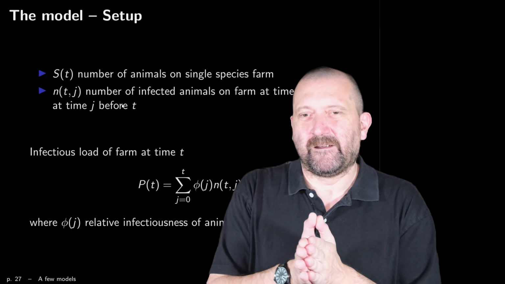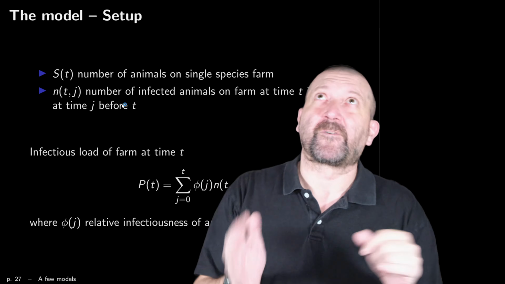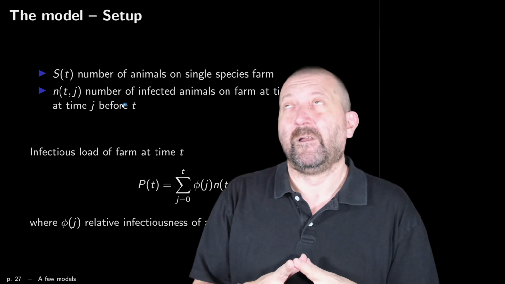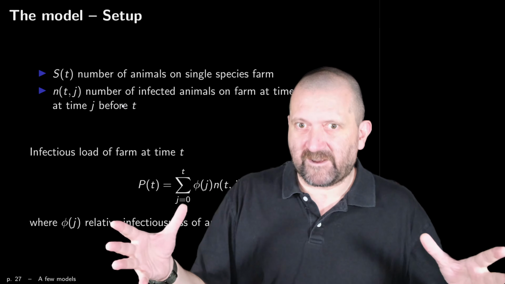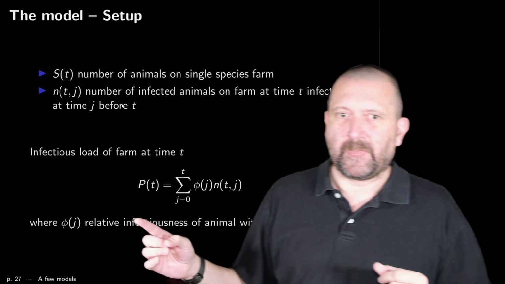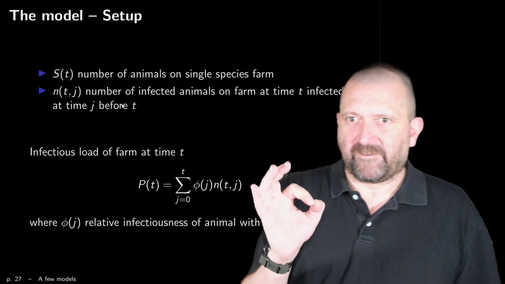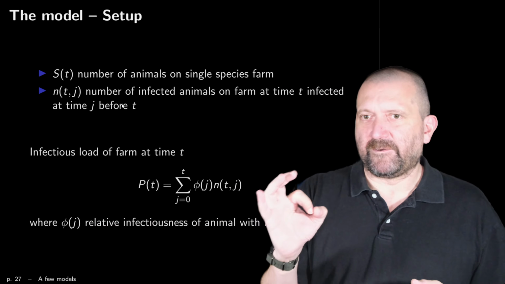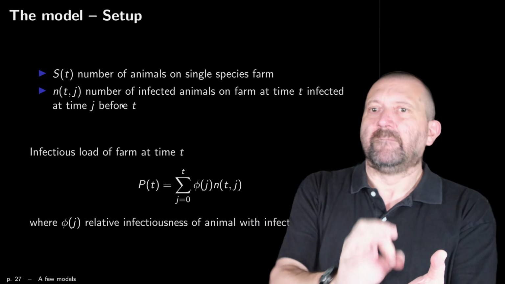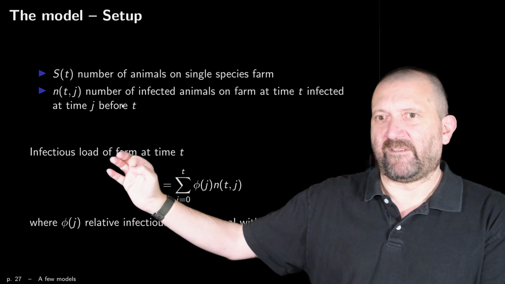Remember, we said the duration of incubation is 3 to 14 days. The duration of symptoms varies as well. So what that gives you is the infectiousness of an individual that was infected today, yesterday, the day before yesterday, and so on and so forth.